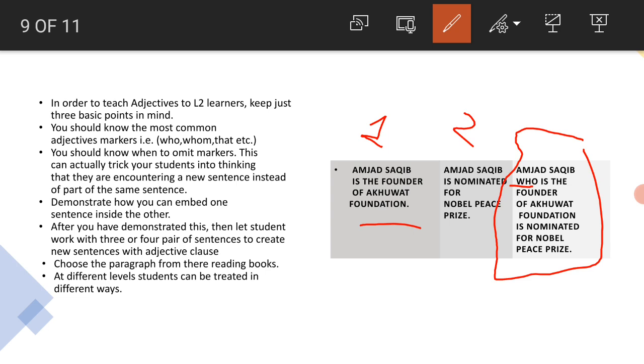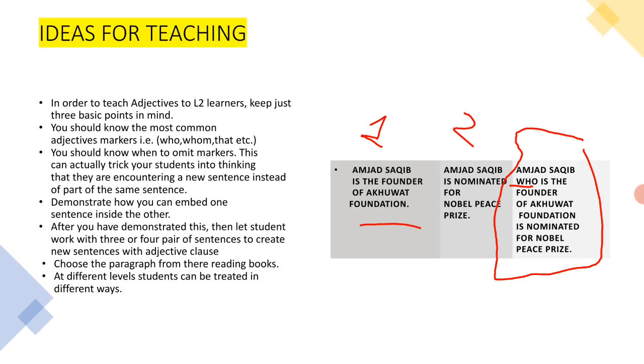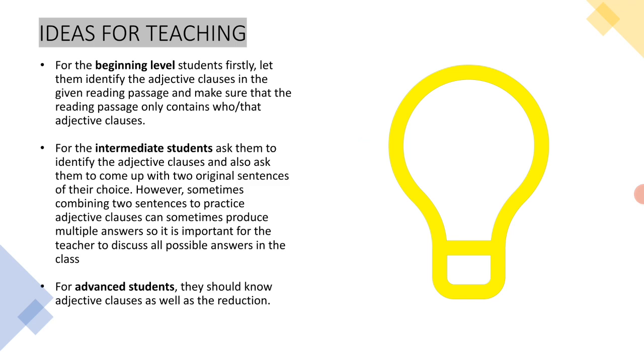So here who is acting as a connecting word or conjunction, you can say. If you are teaching beginning level, you can use the difference between adjectives and adjective clauses as the first step to introduce this topic.